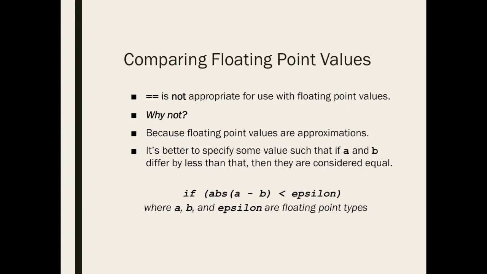You're checking to see if the difference between two values, A and B, is less than some value, epsilon here. So you could have something like if the difference between A and B was less than 0.01 or something like that. Notice here that I'm using absolute value because A minus B could have come back to be negative. So I'm just using the absolute value function here to handle the negative values.